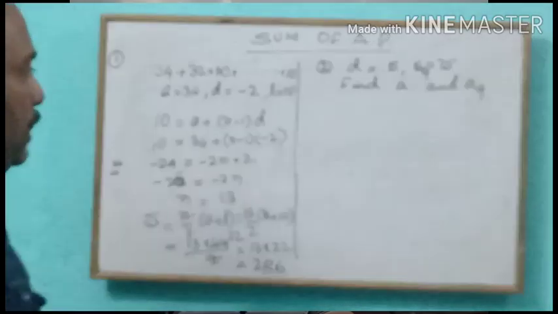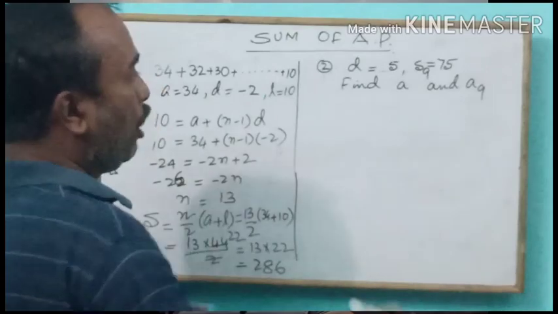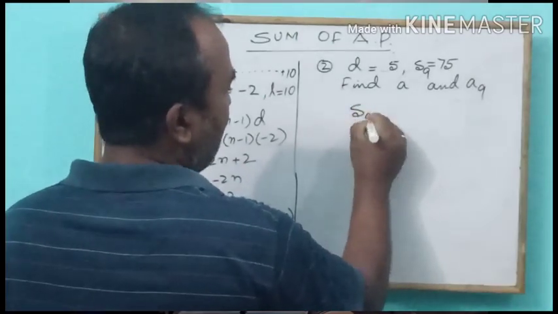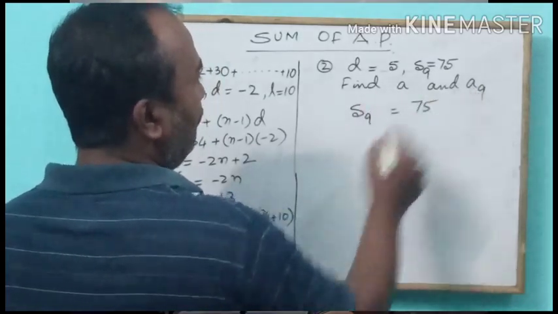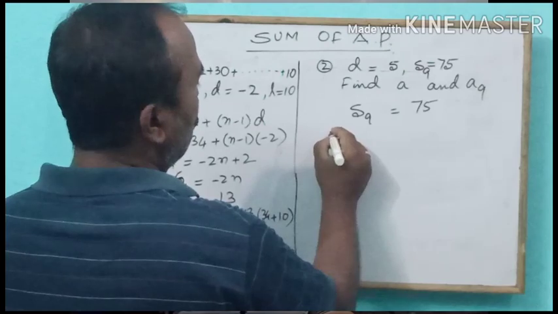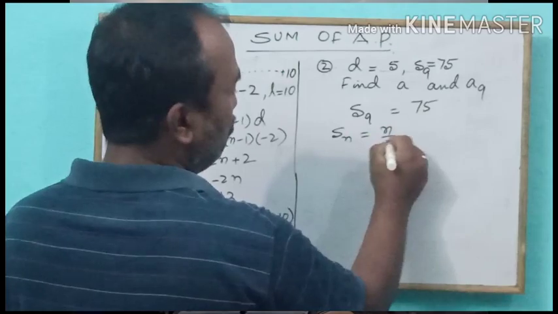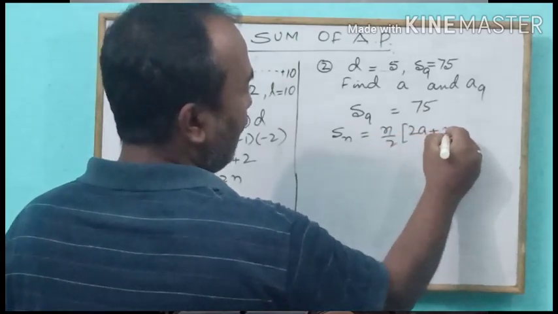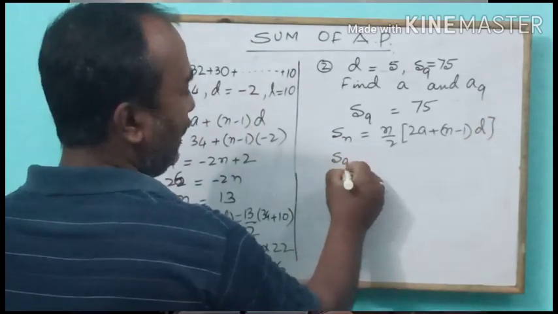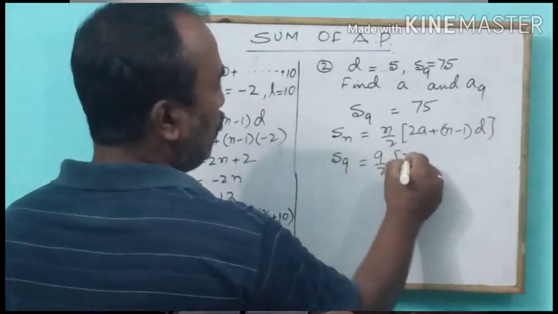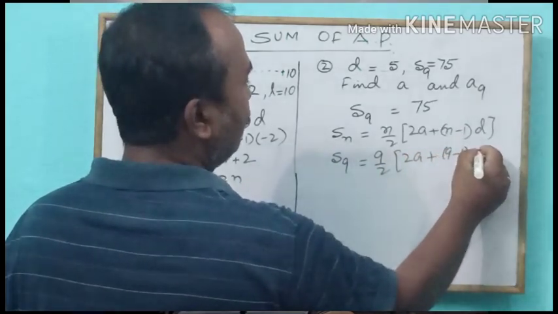Now let us see this example. d is given as 5, S9 is 75, the sum of 9 terms. We need to find a and a9. We know the formula of Sn is n by 2 into (2a plus (n minus 1) into d). Here S9 is given, so S9 equals 9 by 2 into (2a plus (9 minus 1) into d), and d is 5.